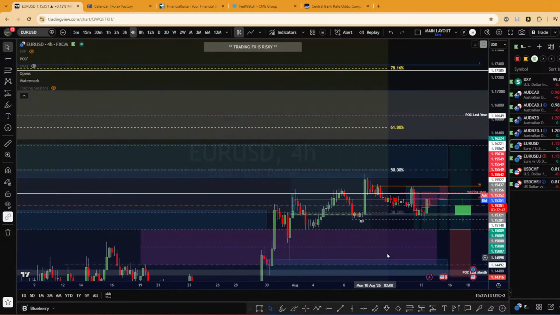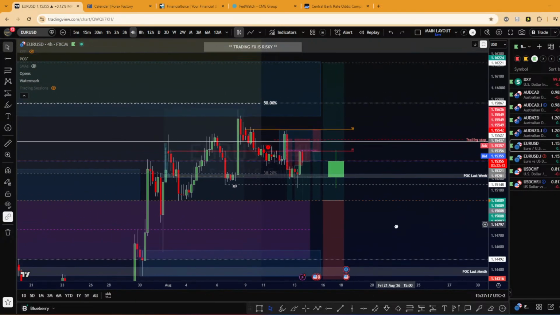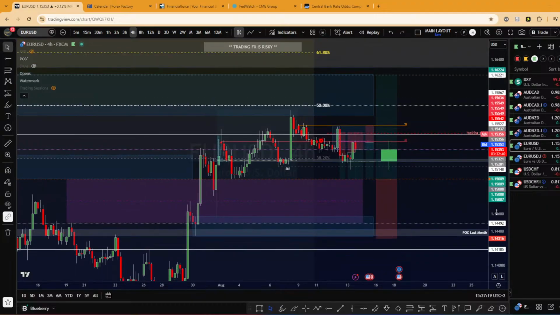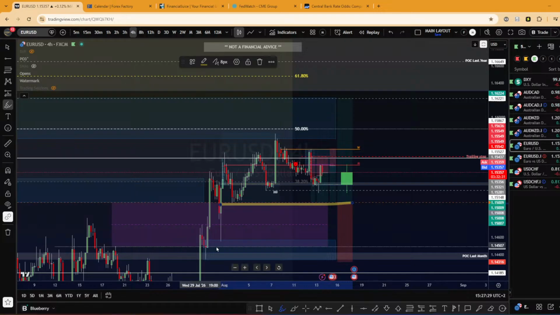So let's see. But for me, I'm still bearish. Why? Because if I really want to buy this pair to continue at least to target this 50%, I want to buy from here. Yeah, this is the imbalance I marked up in higher time frame.